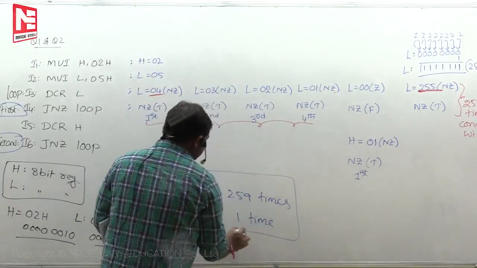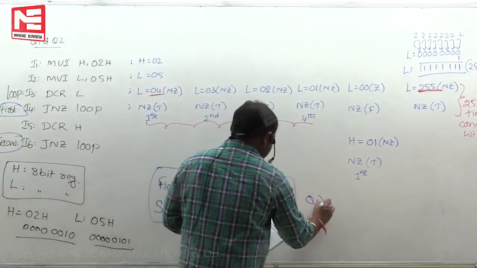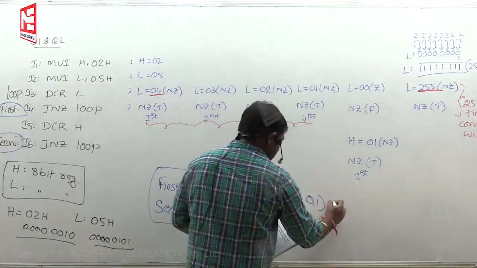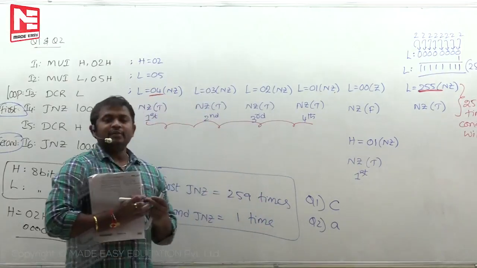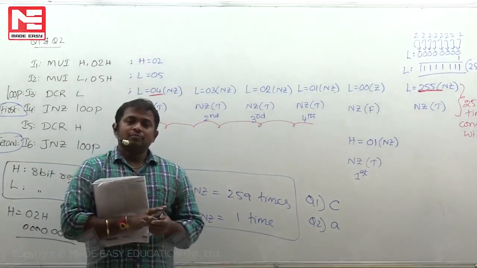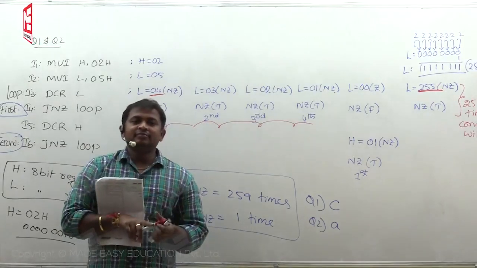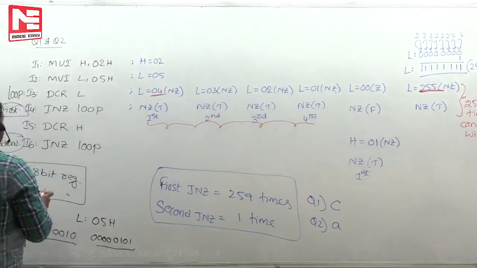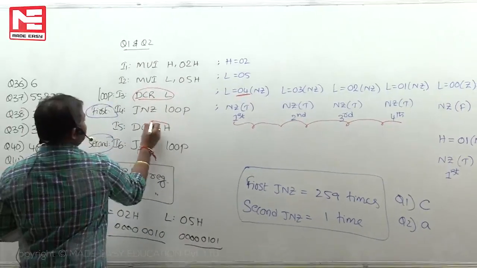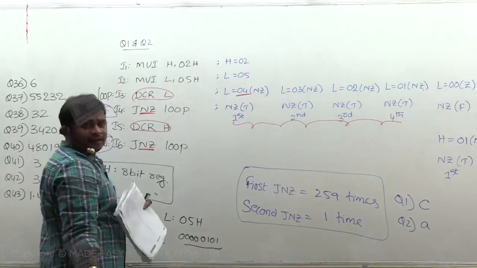Now select the answer. The first question answer is C, and the second question answer is A. The reason: decrement and subtraction are both the same operations but differ only in the carry flag. Here the decrement operation is controlled by the zero flag.